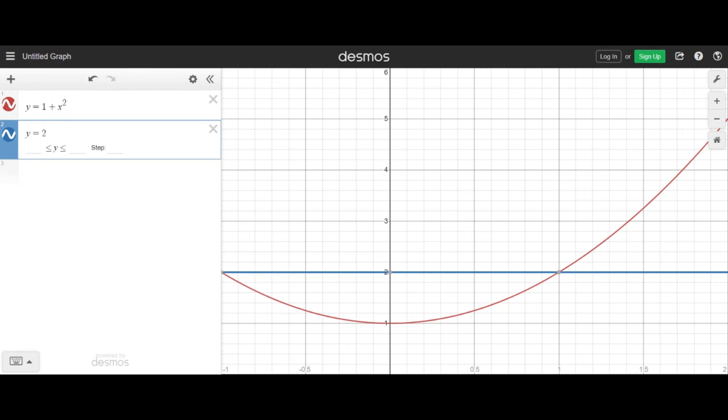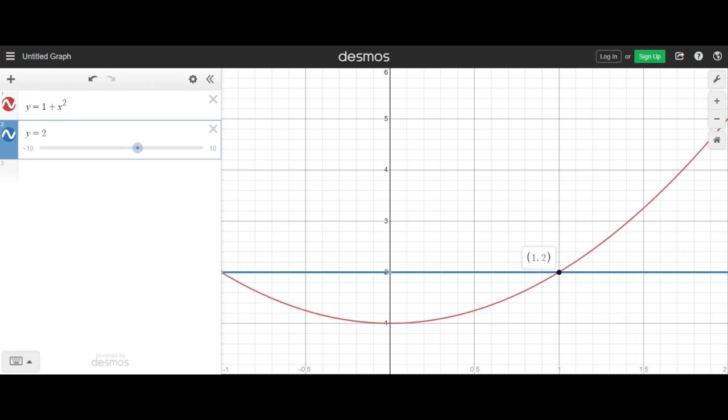Okay, so you see there, there's y equals 2. And based on this point here, the 1, 2 point, in terms of the y values, are there more y values below 2 or above 2 for this graph?